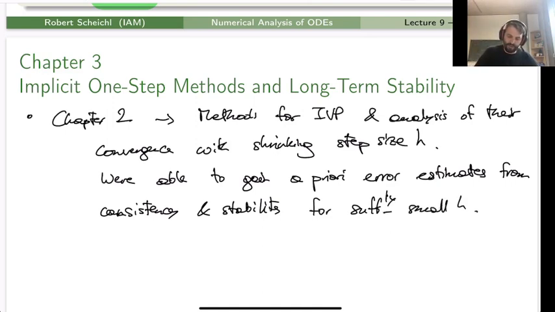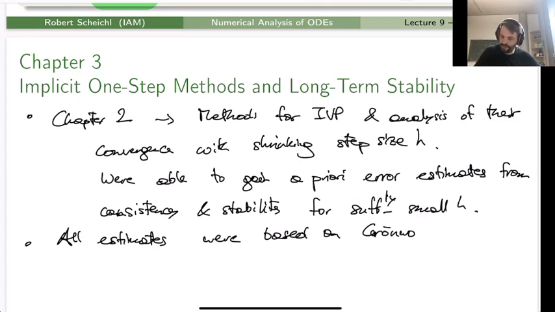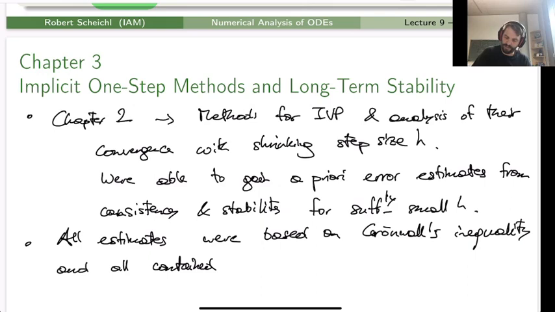But all of those estimates, and now I'm repeating what I've already said, were based on Gronwall's inequality and all contained a term of the form e to the Lt, where L was the Lipschitz constant of f.